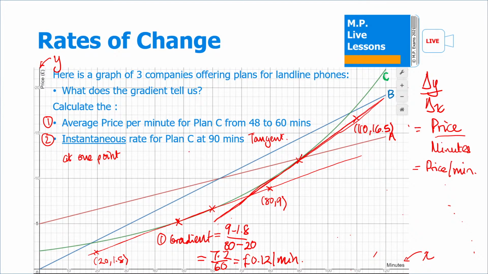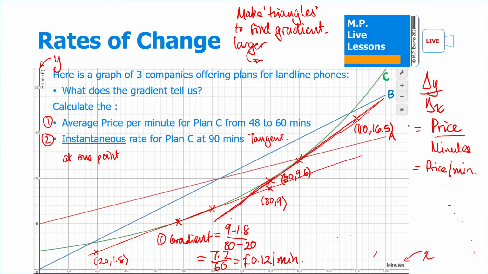And then let's say at this point here, it's going to be 80, 9.6. And remember, we want to make our lines bigger, or make the triangles bigger, so they're more accurate.